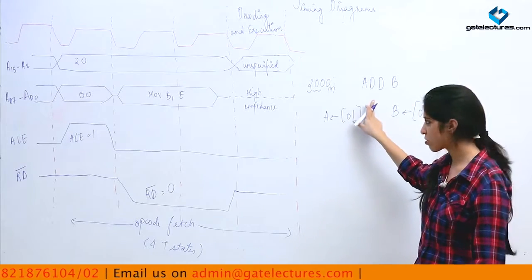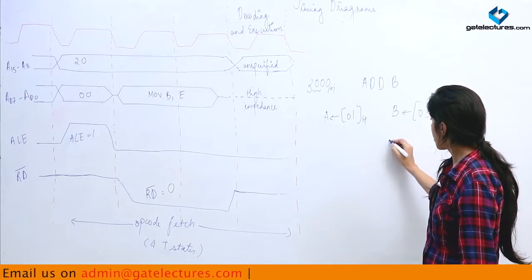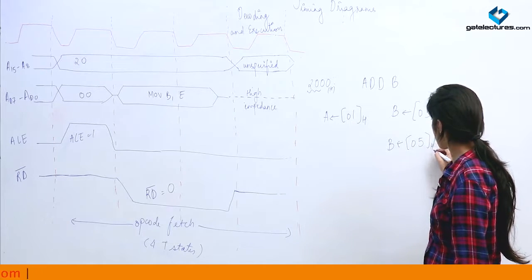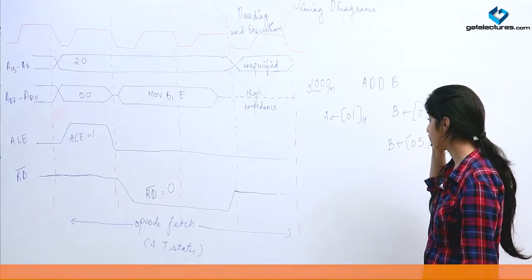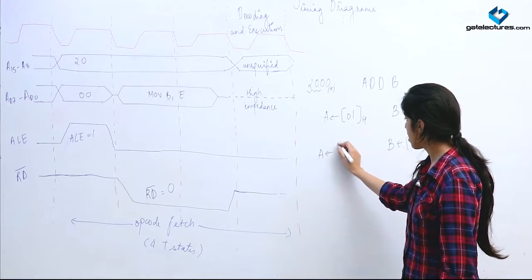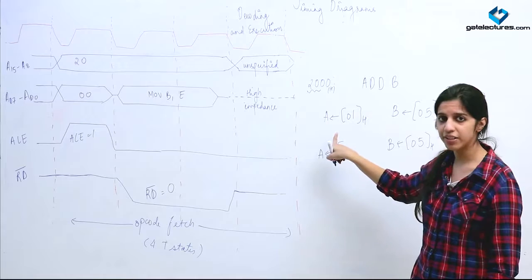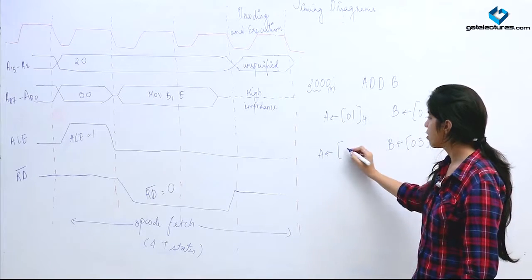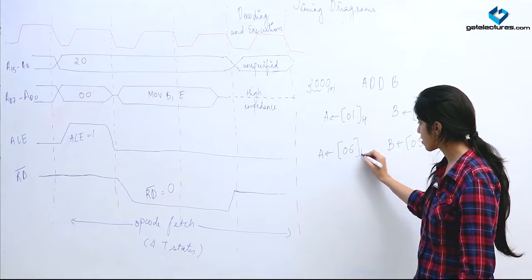After I execute this instruction, contents of B are going to remain unchanged, we are going to have 05H here only. And contents of B are added to A and the final value is written in the accumulator itself. So, in A we are going to have 06H.